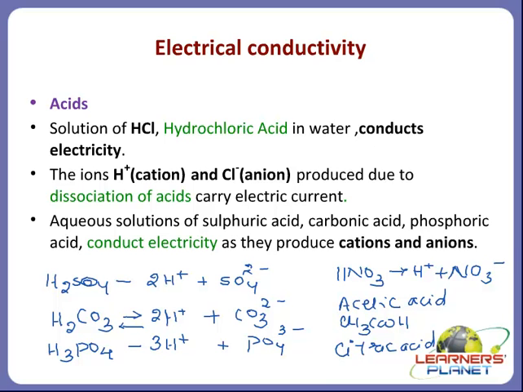They undergo partial dissociation, right? So when they are undergoing partial dissociation, what will be their electrical conductivity? It would be less, right? Why less? Because they are furnishing less number of ions in the solution. Got my point? So acids are the conductors of electricity in water.